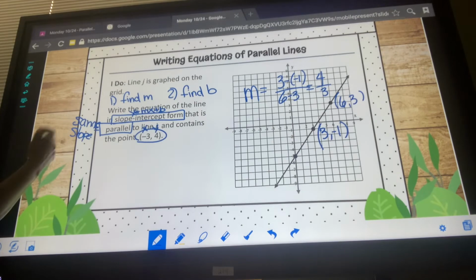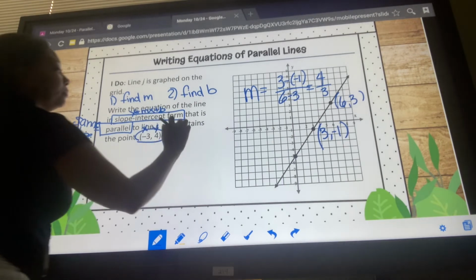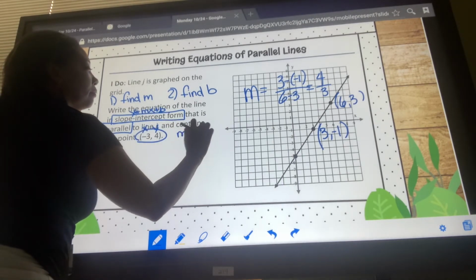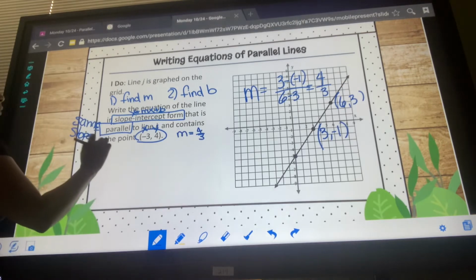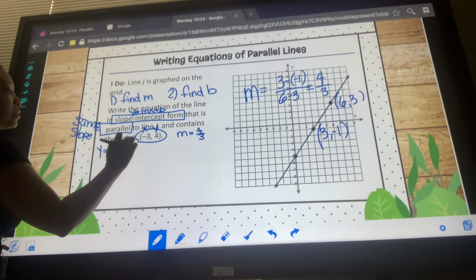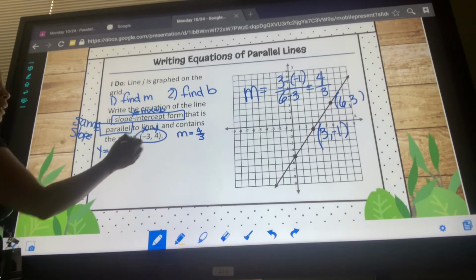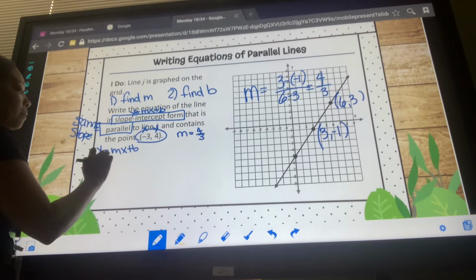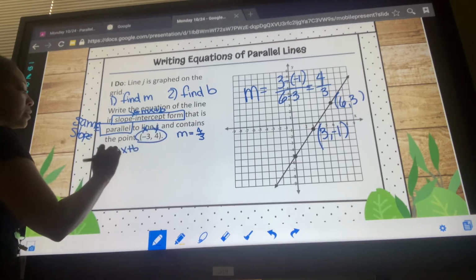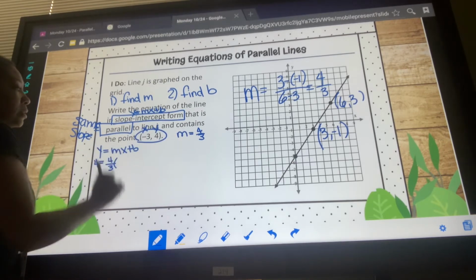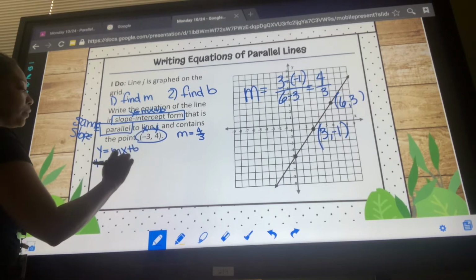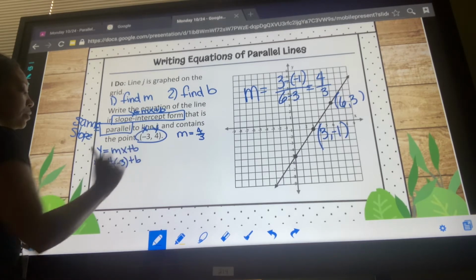So now that I found my slope, I need to use my y equals mx plus b to find my b. So plug in your point. Y is 4. Your m is 4/3 times your x, which is -3, plus your b.